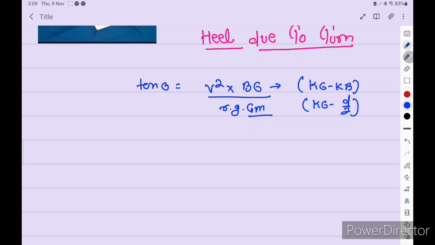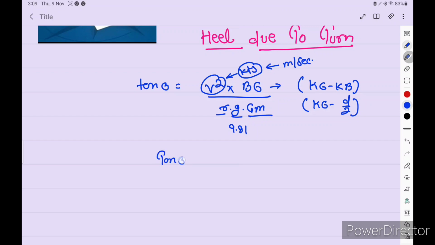GM is metacentric height, r is radius of turn, and g is gravity, 9.81. Here v is speed of vessel, but in the question generally they give it in knots, and we have to convert this knot into meter per second. So this is our first formula.